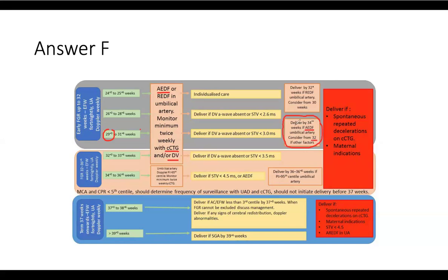If it is reversed in diastolic, it will be by 32. And here it's written, deliver by 32 if reversed diastolic flow in the Doppler, okay? So when you see the Doppler is absent in diastolic flow, choose 34. When you see it reversed, choose 32.